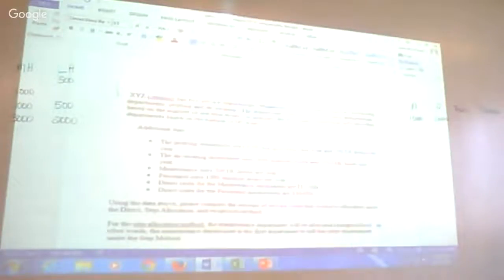Now, reciprocal means there's a relationship that's going to go back and forth, back and forth, back and forth until we get it done. Okay? And I'm actually going to do this in Excel because it will be easier. So let's take a look at that.